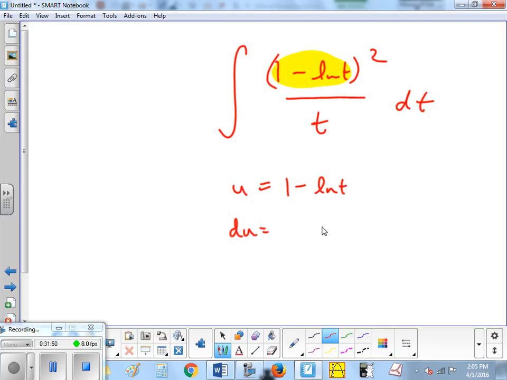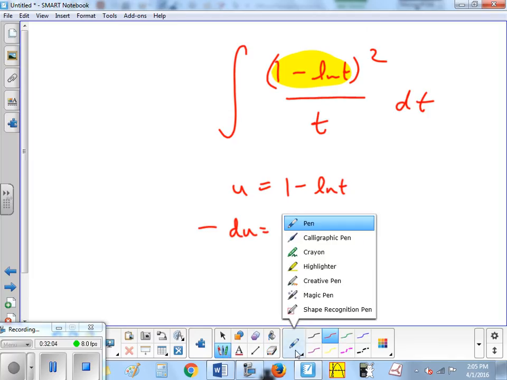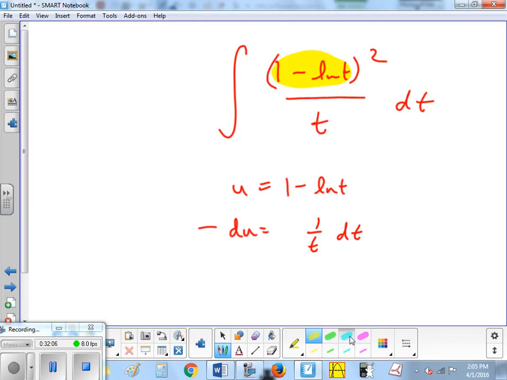Du is, oh, what's our du? Negative 1 over t. Okay, we can move the negative to the other side. Did this work out for us? It did. It worked out beautifully to just make the entire inside our u. And that's like what I was saying earlier about making your binomial expressions be your u.